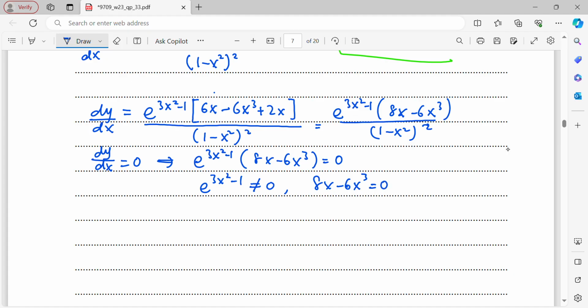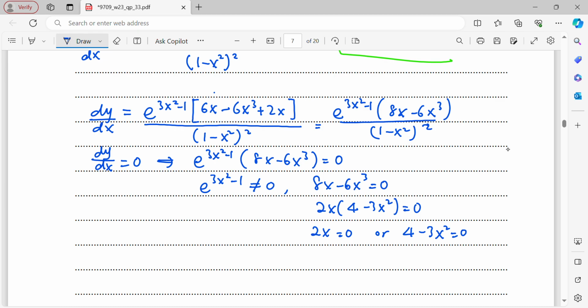So to solve this, I can factorize 2x, which is a common term. Then you'll be getting 4 minus 3x squared. So multiplication of these two terms equals 0 means that either 2x equals 0 or 4 minus 3x squared equals 0.